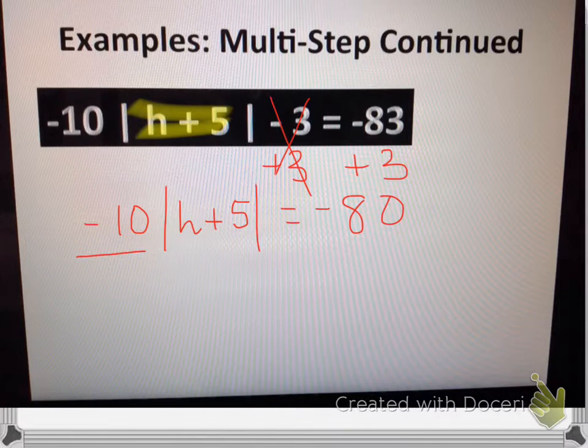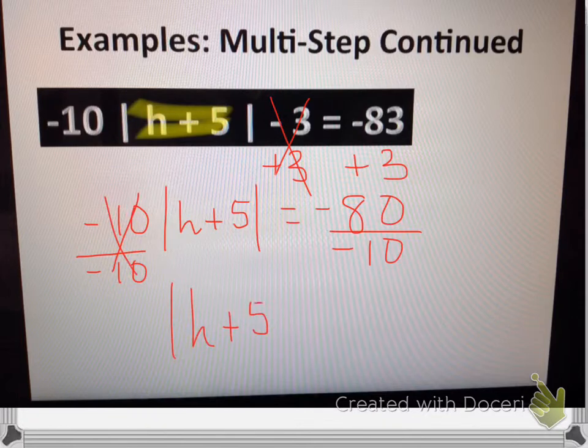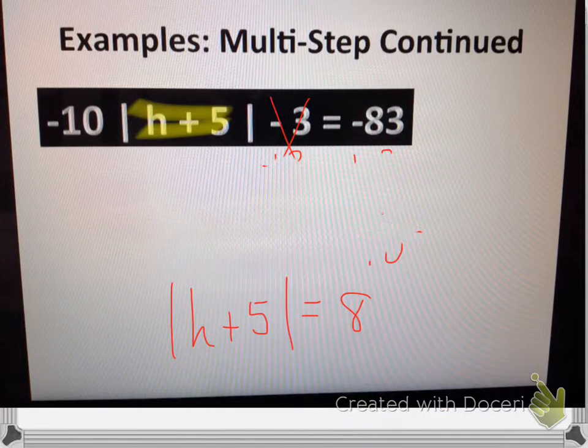I then divide on both sides by a negative 10, and what I'll be left with is the absolute value of h plus 5 is equal to a positive 8. Once I get to this point, I'm going to go back to step number 2, which says that I set my equations equal to both the positive and negative version.